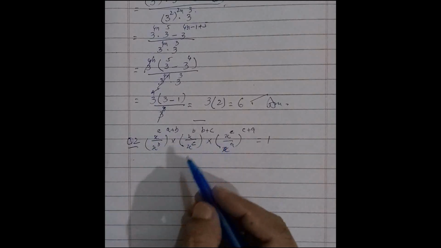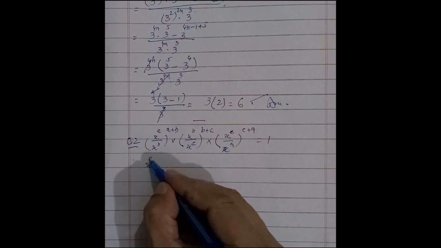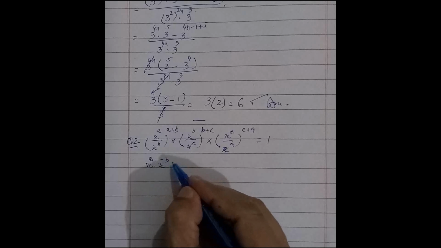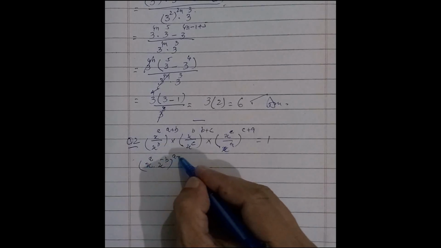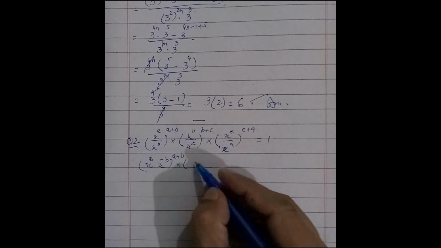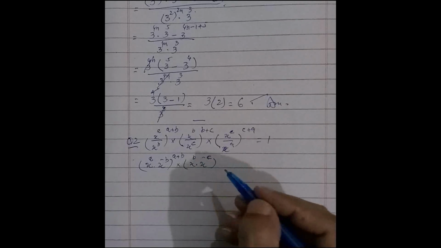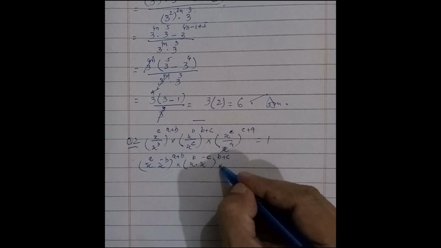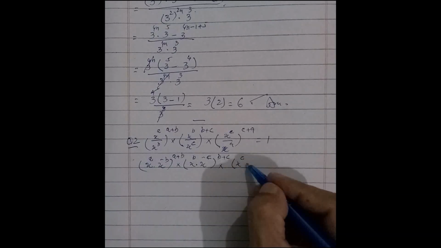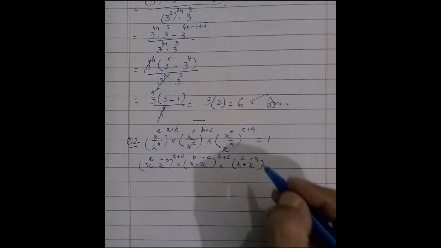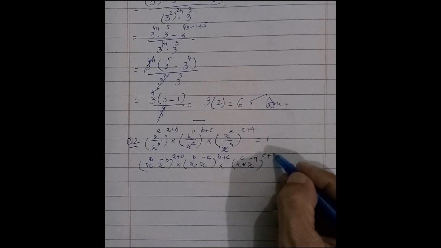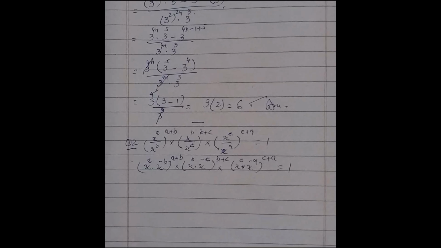First we solve the left hand side, which is x power a into x power minus b whole power a plus b, the other is x power b into x power minus c whole power b plus c, multiplied by x power c into x power minus a whole power c plus a is equal to 1.